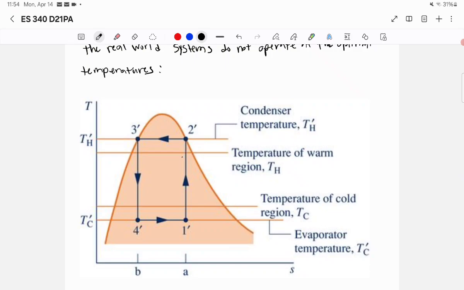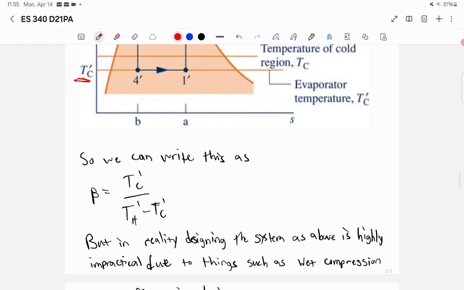So if we were to operate along the Carnot cycle, basically what we would end up with is a TC prime and a TH prime, where the real refrigerator would be operating at a cold temperature for the evaporator that's slightly lower than the temperature of the cold region that we're trying to get to, and the condenser is operating at a temperature slightly higher than the temperature of the outer room or whatever where we're pumping the heat from the refrigerator.